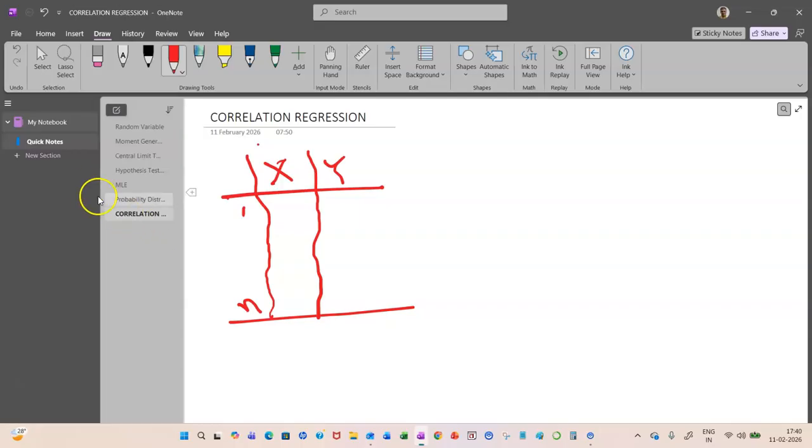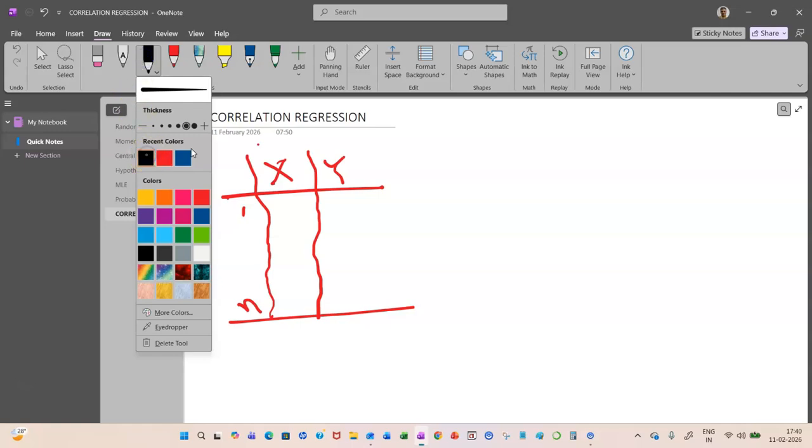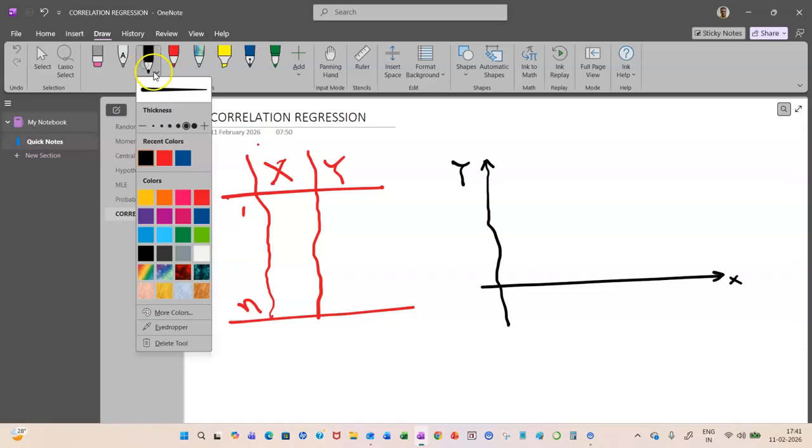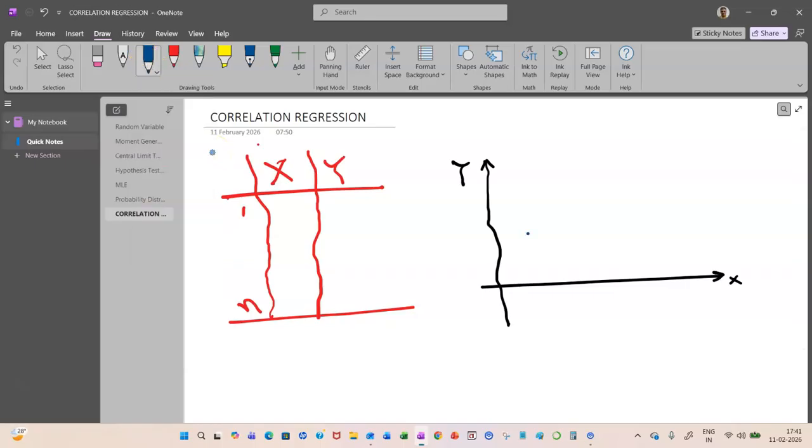It's a bivariate distribution, so we can draw a scatter plot with the x-axis and the y-axis, and each data point constitutes a point on the xy plane.